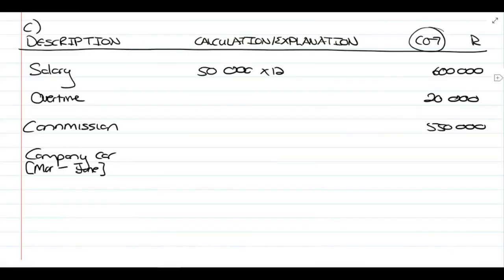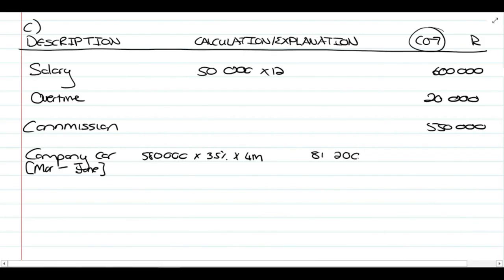Okay, 580,000. Multiplied by 3.5% because there's no maintenance plan, and we had it for 4 months, March, April, May, and June. Gives us 81,200.